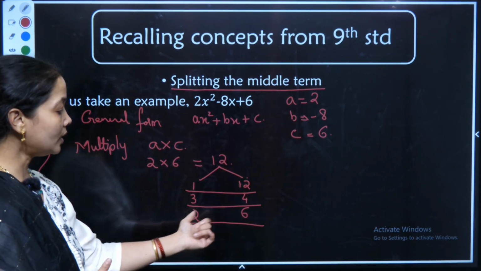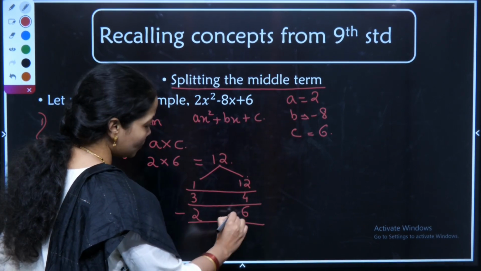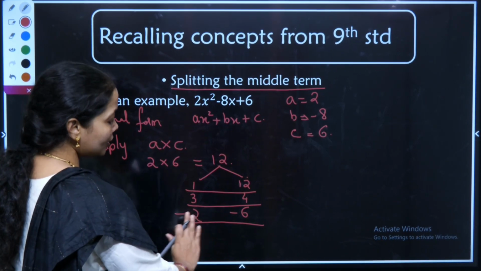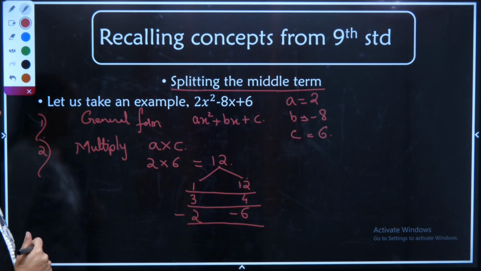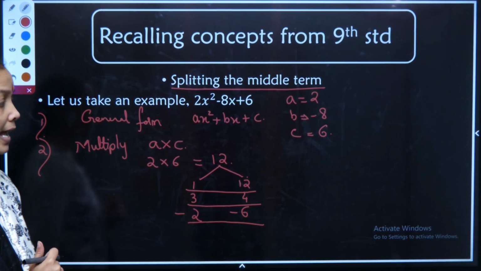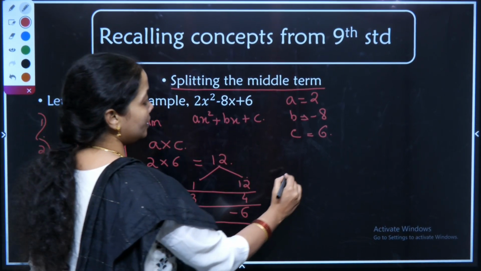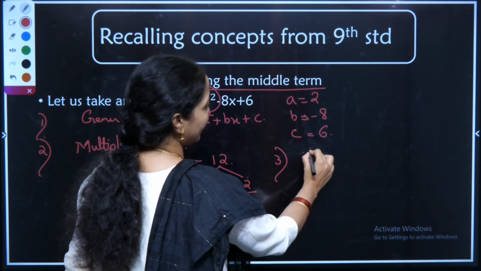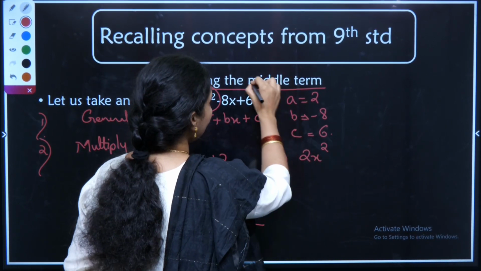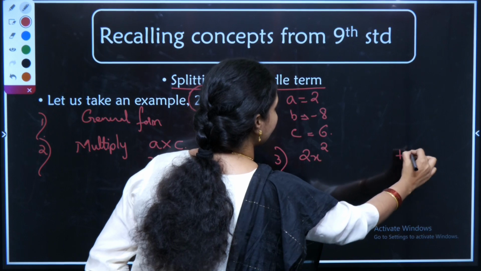So I'll take both the terms to be negative. I'll take negative 2 and negative 6. So minus 2 minus 6 gives me minus 8. After finding these factors, I will go to the original equation. The third step says, I'll write the first term which is 2x square as it is. I'll write the last term which is plus 6 as it is.